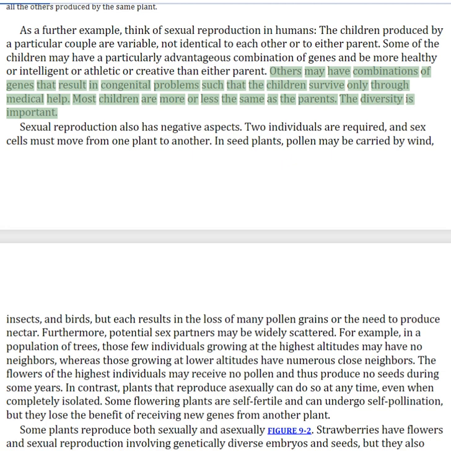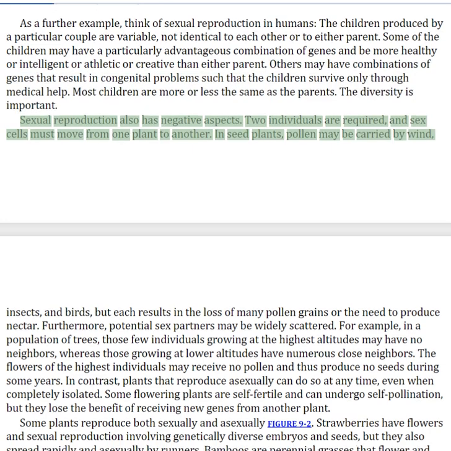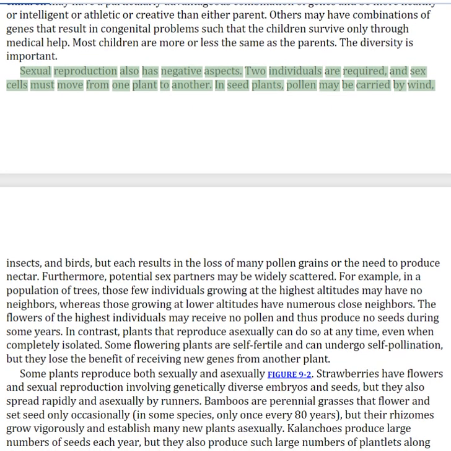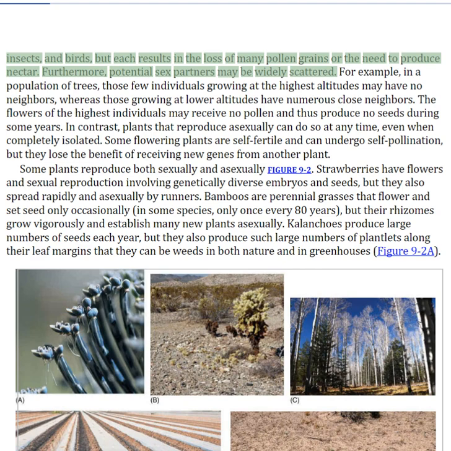The diversity is important. Sexual reproduction also has negative aspects. Two individuals are required, and sex cells must move from one plant to another. In seed plants, pollen may be carried by wind, insects, and birds, but each results in the loss of many pollen grains or the need to produce nectar. Furthermore, potential sex partners may be widely scattered.